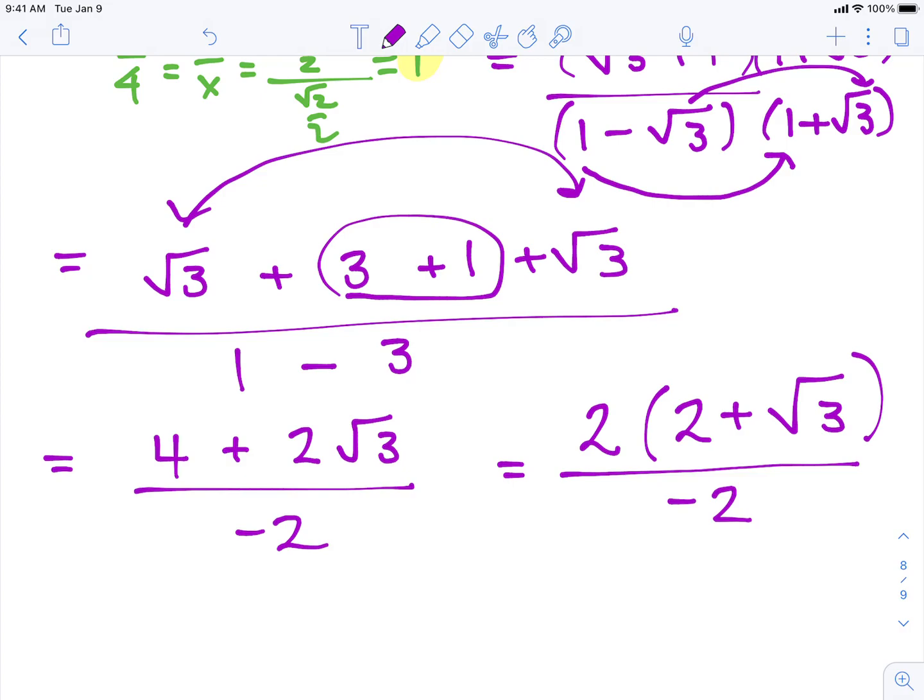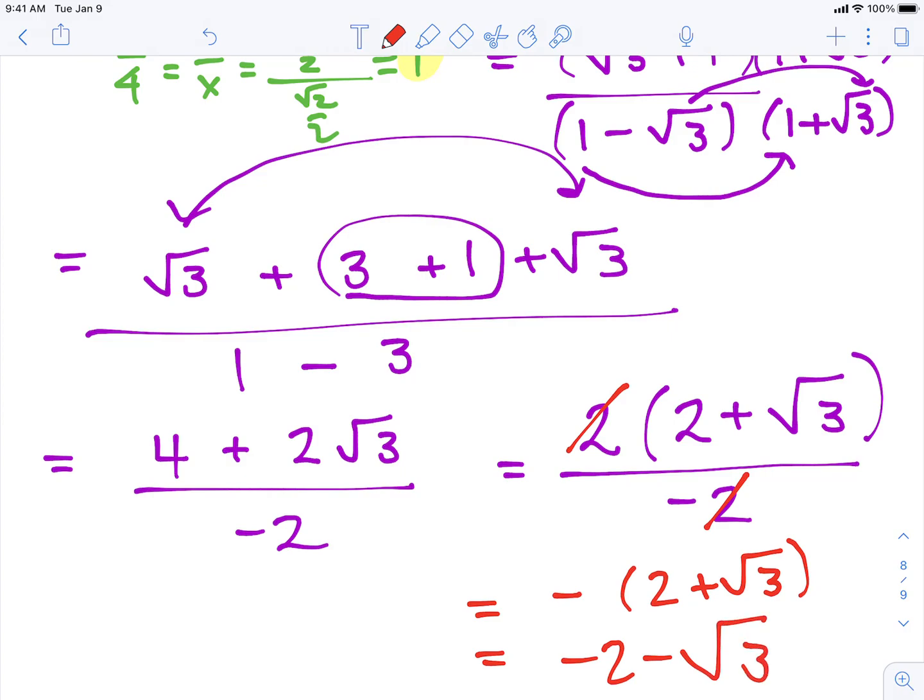Why we want to take out that 2 from the numerator is we now have a common factor. So this 2 and that 2 will cancel out. Now we still have the negative in the denominator, so we're just going to bring that up to the numerator, and that would be our final answer. If you wanted to distribute that negative through, you could. So that's the exact value for the tangent of those two angles adding together.